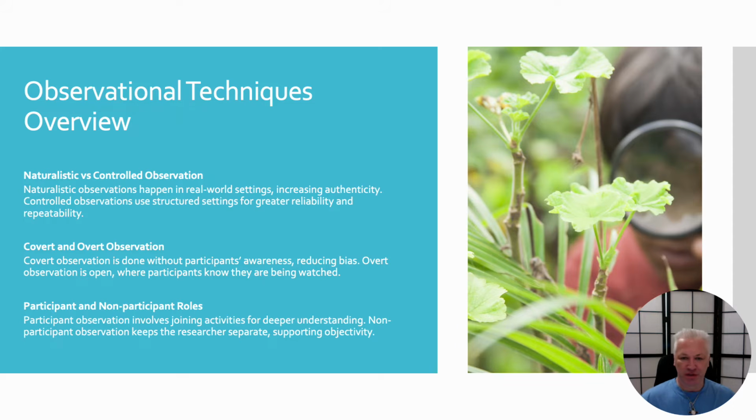So, an evaluation of observational methods. Observations are valuable for studying real-life behaviour and often used when experiments are unethical or impractical. However, they are vulnerable to observer bias, where the researcher interprets behaviour subjectively. To improve reliability, psychologists use behavioural categories, ensuring behaviours are clearly defined and recorded consistently.